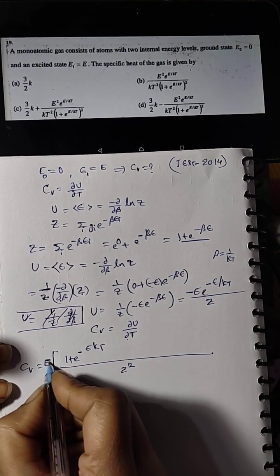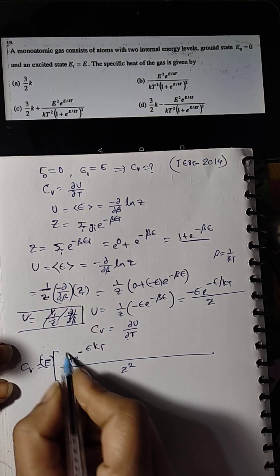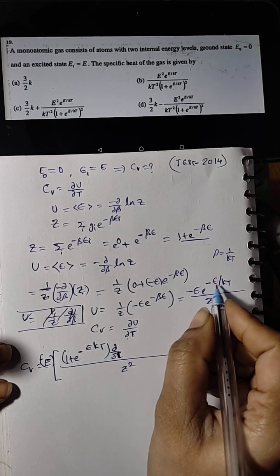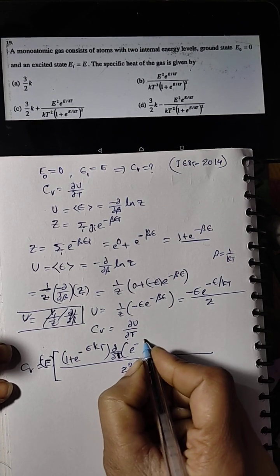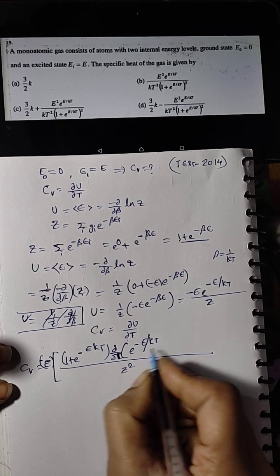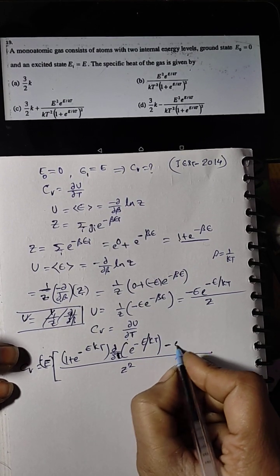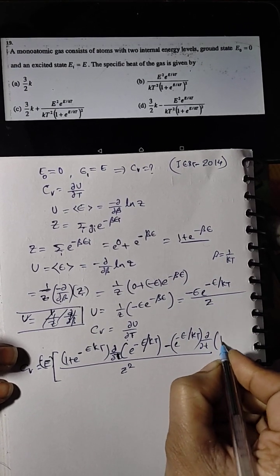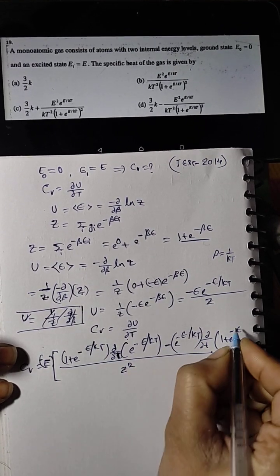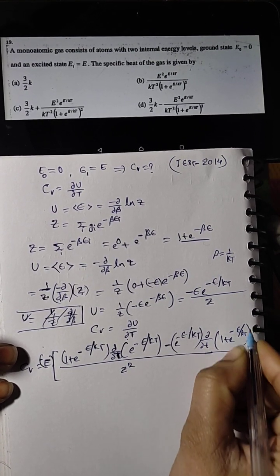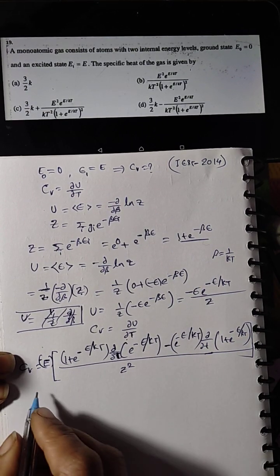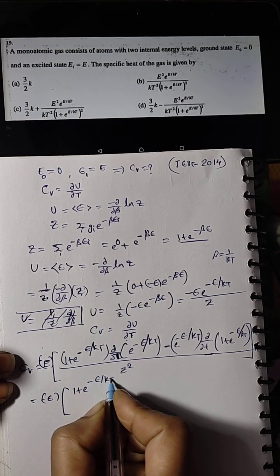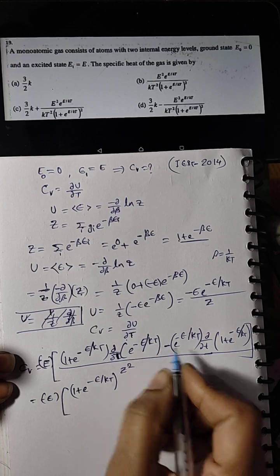Let us write E outside, and then dou by dou T of the numerator term e power minus E by kT, minus numerator outside, dou by dou T of 1 plus e power minus E by kT.